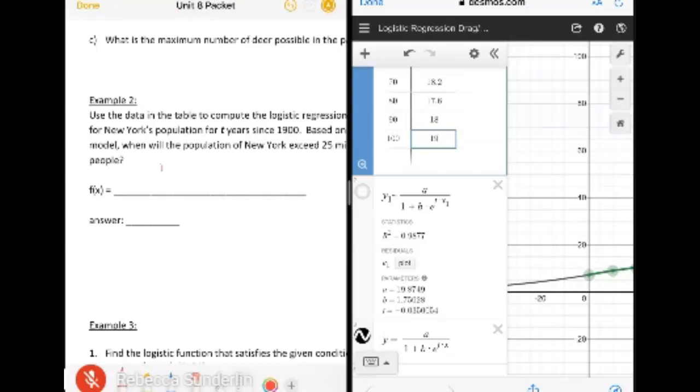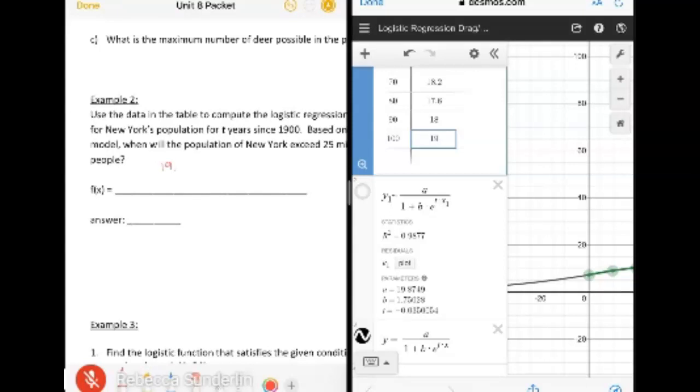On MathXL, a lot of times it wants you to round to the 10,000ths place, so I am going to put 4 decimal places: 19.8749 over 1 plus 1.7503 e raised to the power of negative 0.0350 times t.